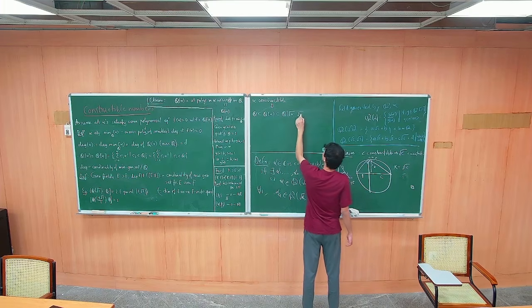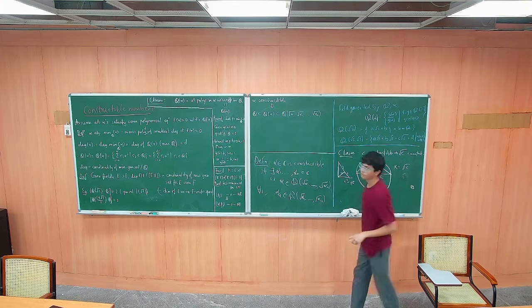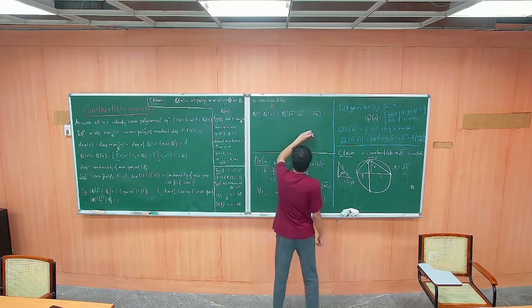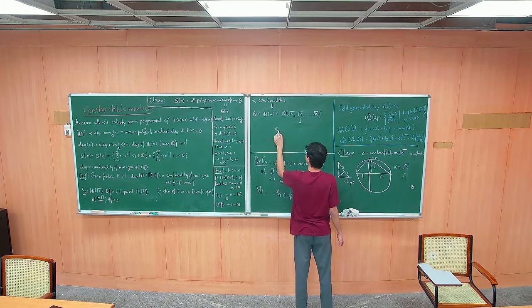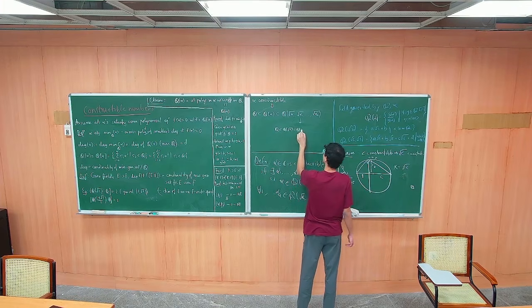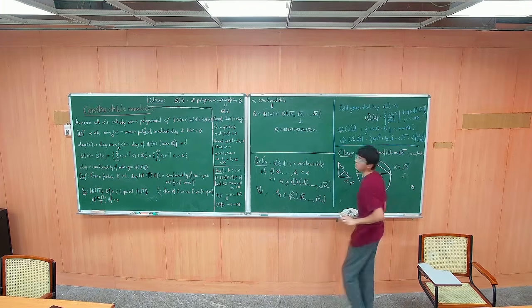Alpha 1, alpha 2, alpha 4, right? This itself you can realize as obtained by Q, Q adjoin root alpha 1, Q adjoin root alpha 1 and root alpha 2, and so on, right?